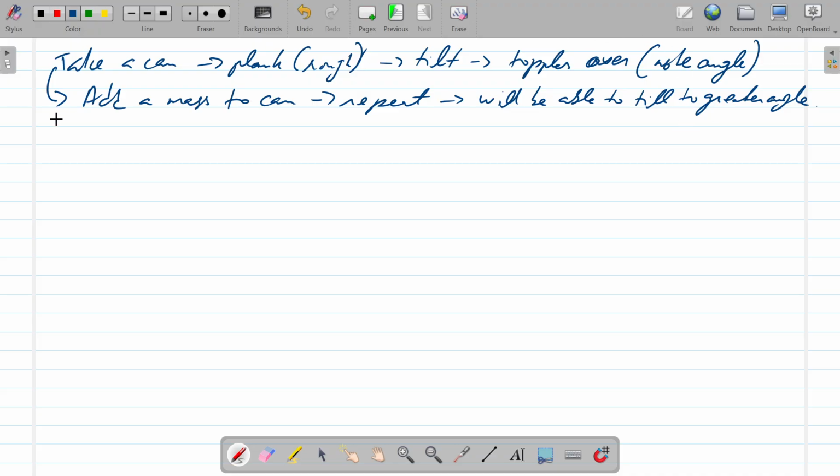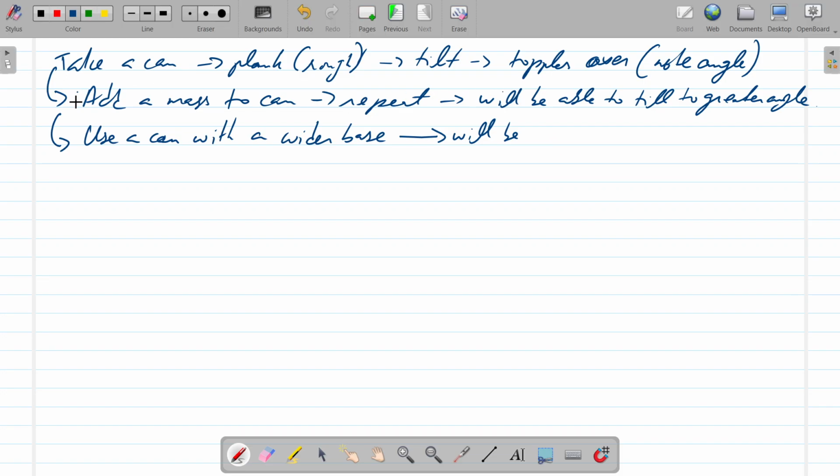Also, you repeat the experiment and you use a can with a wider base, and you will notice the same. You'll be able to tilt to a greater angle.